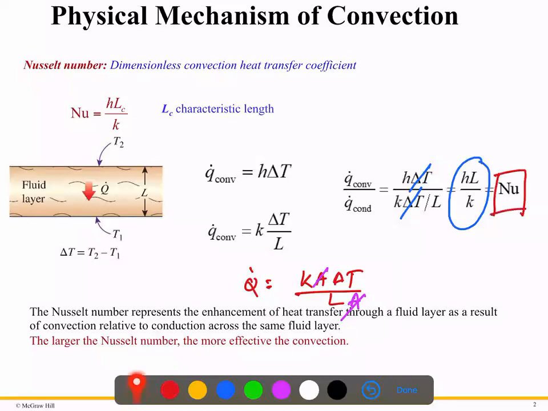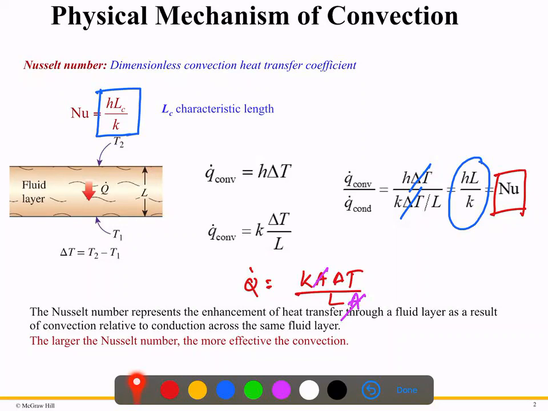So the physical meaning of the Nusselt number is actually the ratio of convection and conduction. You can say it is the convection relative to conduction across the same fluid layer. So the definition you just keep in mind: this is h L_c over k, where h is the convection heat transfer coefficient, k is the thermal conductivity, and L_c is the characteristic length.